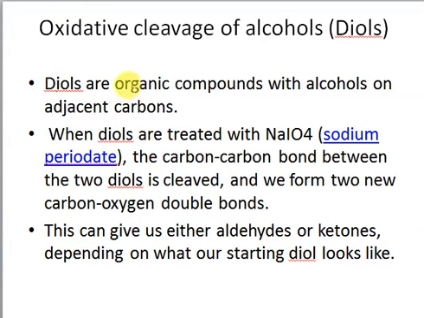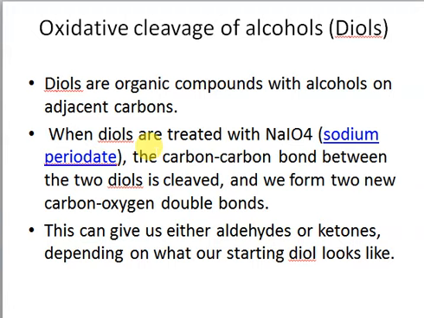When these vicinal diols are treated with sodium periodate, NaIO4, we break the carbon-carbon bond and we form two new carbon-oxygen bonds, right?